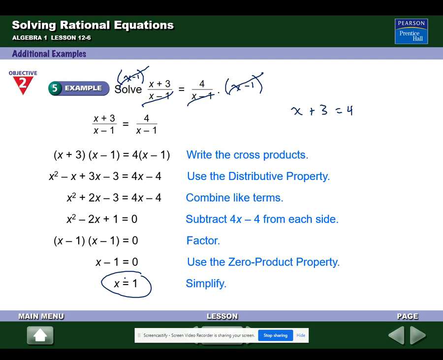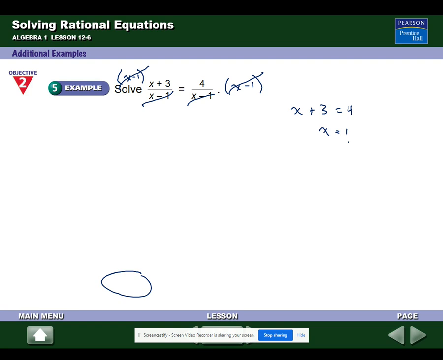But guess what? x equals 1 is not going to actually work in this problem. So we got x equals 1 here, right? We think the answer is x equals 1. And let's go ahead and check it back into this original one.